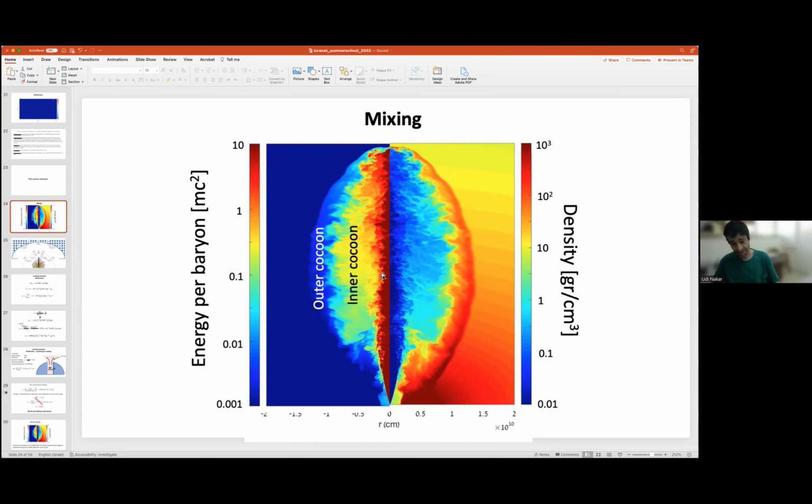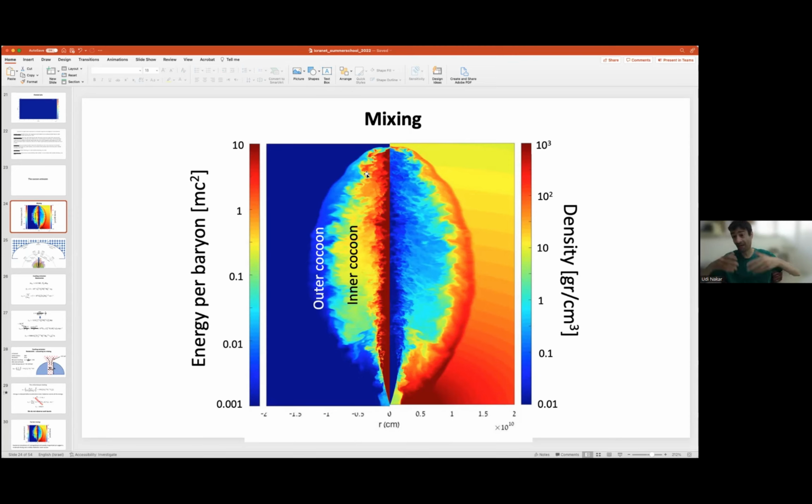And the jet remains largely unmixed or with some small mixing up to the head.